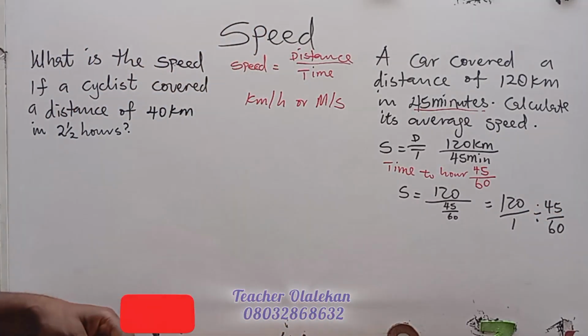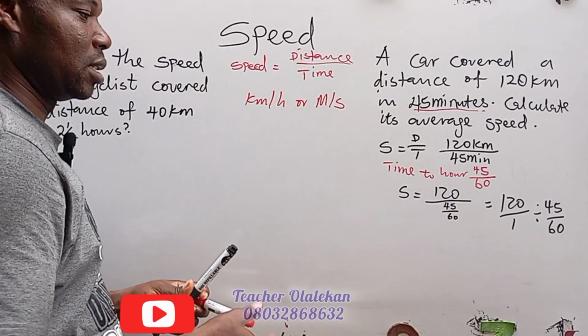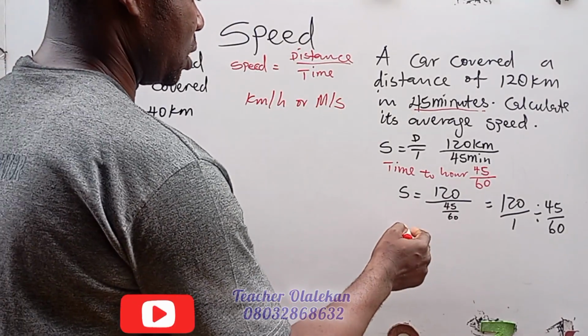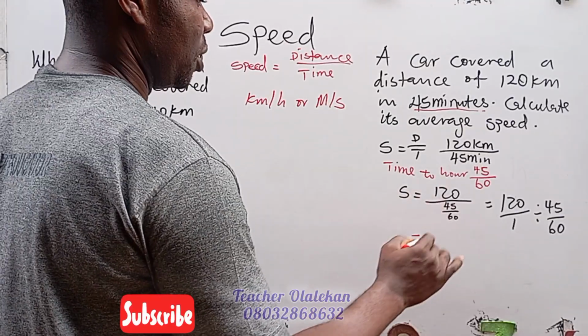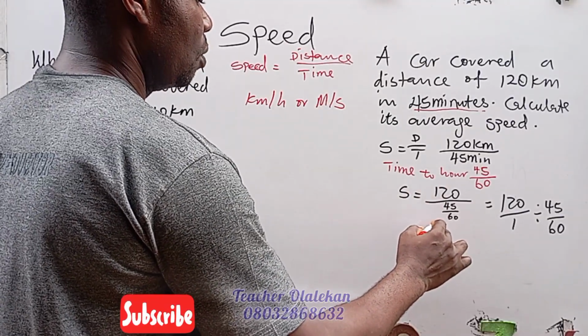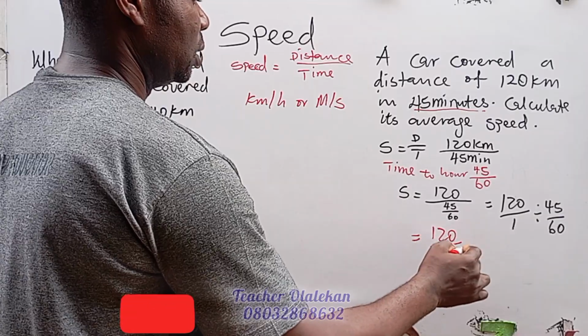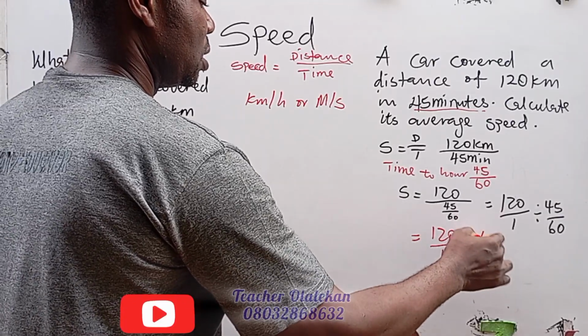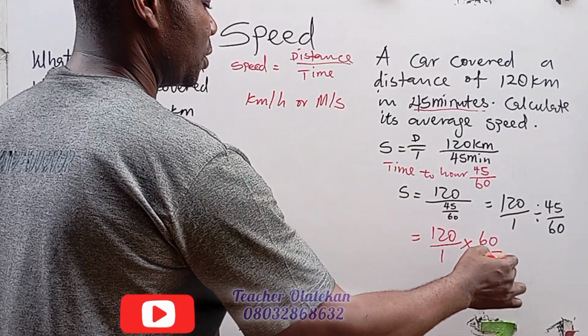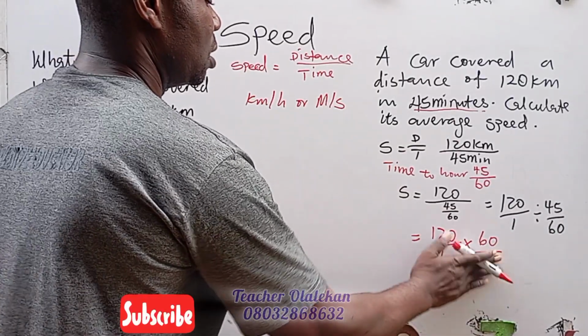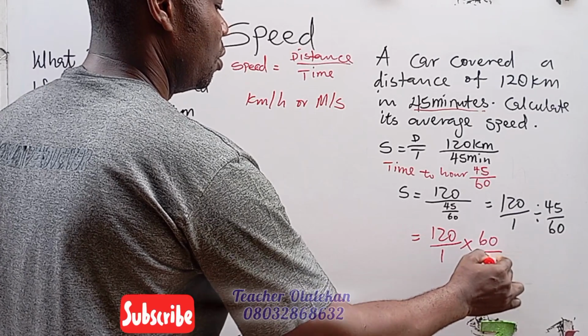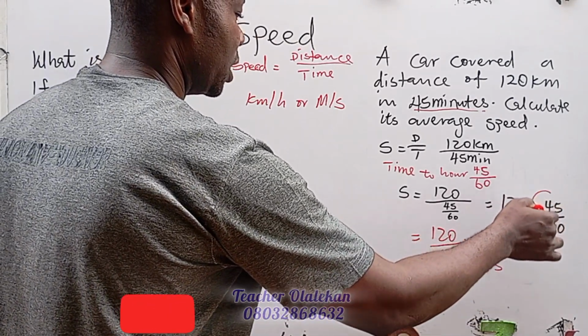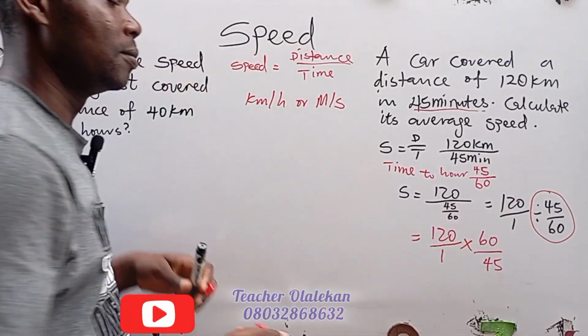At this stage we reciprocate. Let's reciprocate and solve it by means of fractions. That becomes 120 over 1 times 60 over 45.